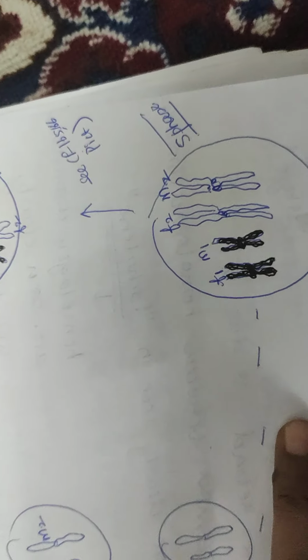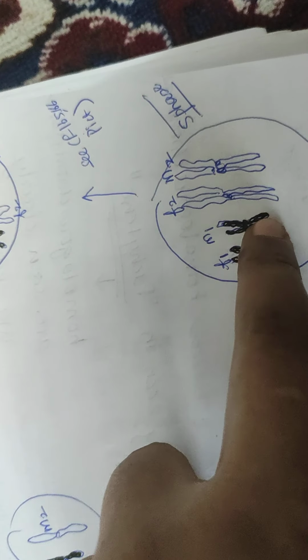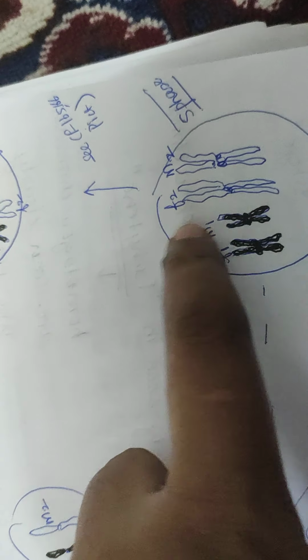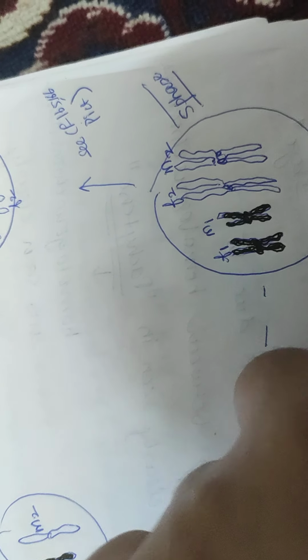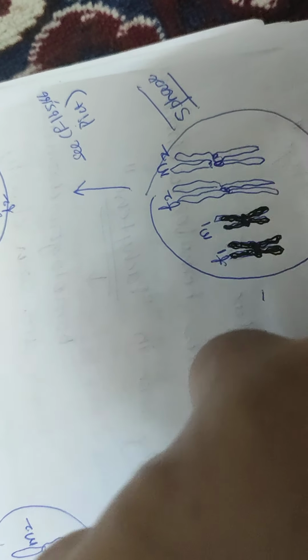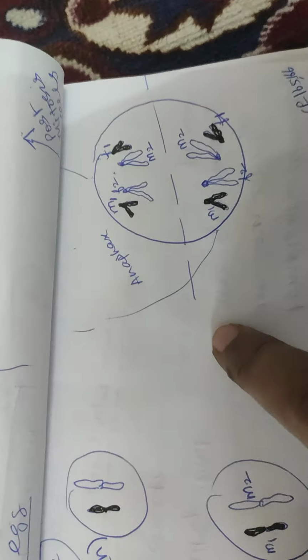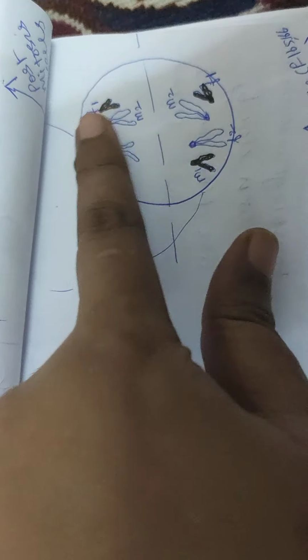Now after anaphase, what will happen? This half will go there, this half will come here. Similarly, F2's half will go, F2's half will come here. M2 half will come. Same thing, see. M1 half, M1 half, F2 half, F2 half. Similarly M2 half, M2 half, F1 half, F1 half, going to each side. Now again one division will appear and this becomes a cell, this becomes a cell.